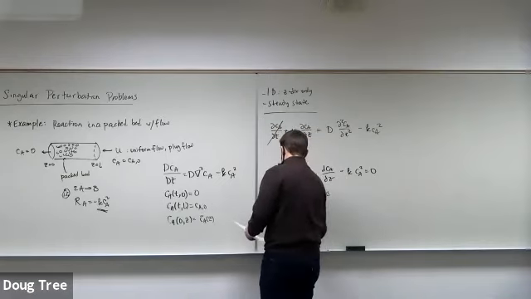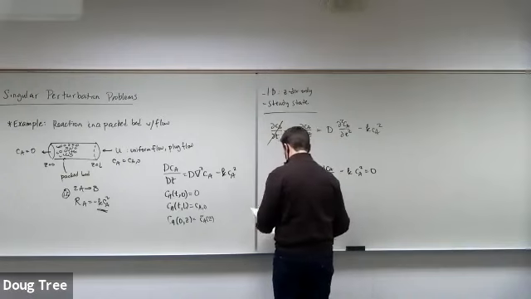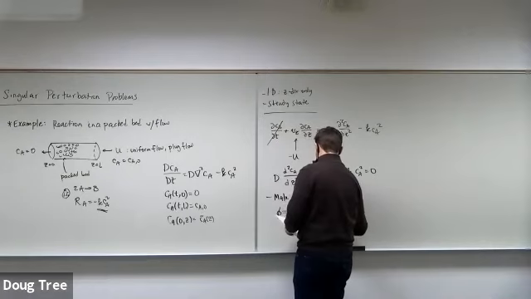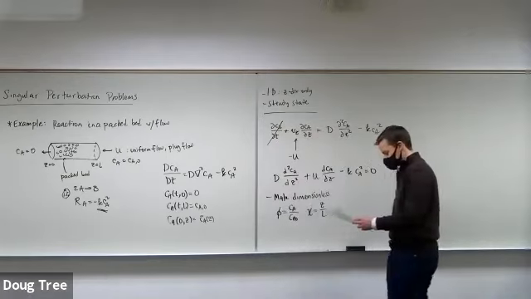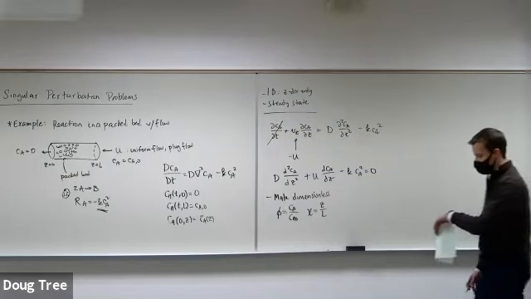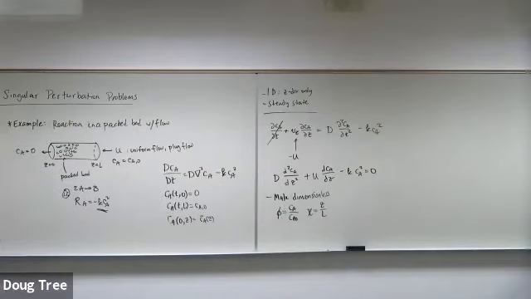We're going to define the variable phi equal to C_A divided by C_A0, and I'm going to define X equal to z divided by L. Okay, so take 2 minutes and do that non-dimensionalization on your paper. And maybe I'll wait a minute and then I'll start.